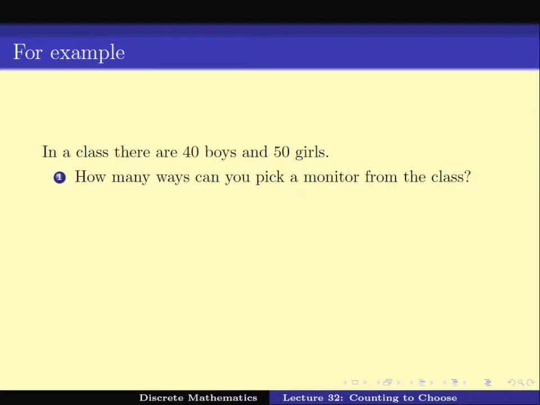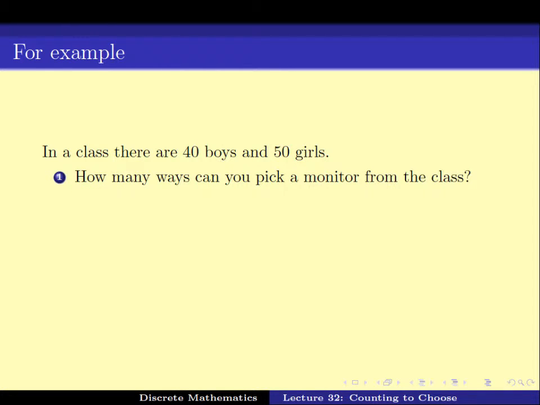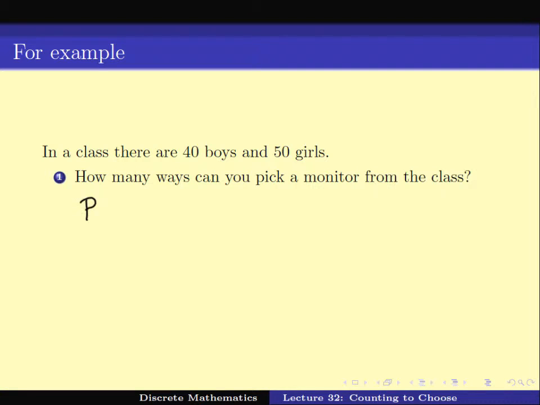Say in a class there are 40 boys and 50 girls. How many ways can you pick a monitor from the class? Here let me first define two conditions P and Q. P is the case that the monitor is a boy.